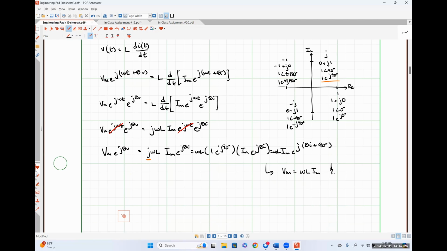And now we can see that the phase angle of the voltage, theta V, is equal to theta I plus 90 degrees. So the phase angle of the voltage is always 90 degrees greater than the phase angle of the current, which means our voltage is always leading our current by 90 degrees, or vice versa.